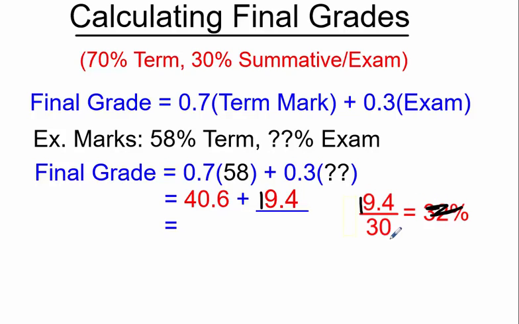And since 20 out of 30 would be 67%, that means this is basically 65, 66% that I need to get on the exam to raise my mark from a 58 to a 60. If I was looking to raise my mark from a 58 to a 70, well, then I need 29.4 marks, or essentially 94 or 96% maybe on the exam to do that, unless the teacher's going to do some sort of adjusting of the marks based on my brilliant exam.